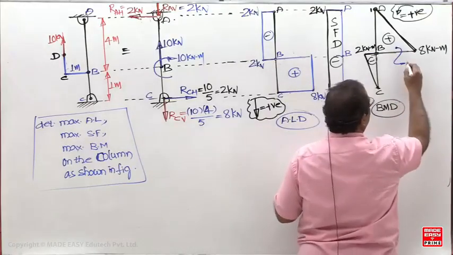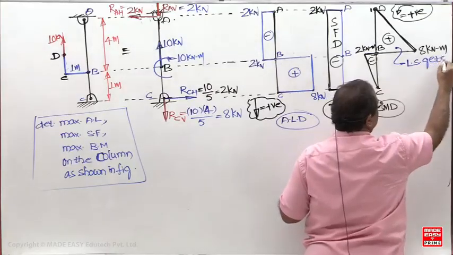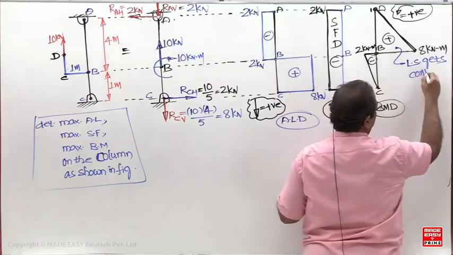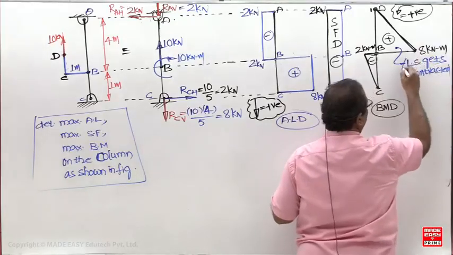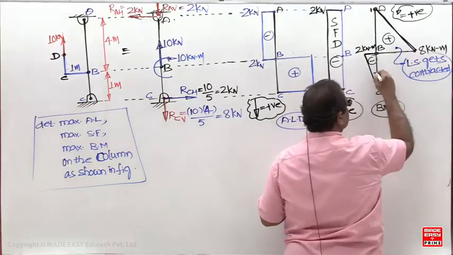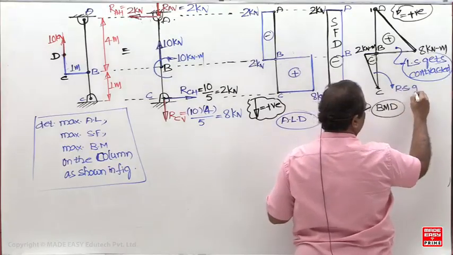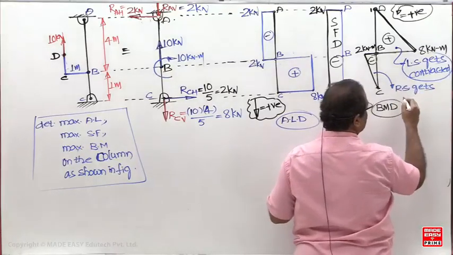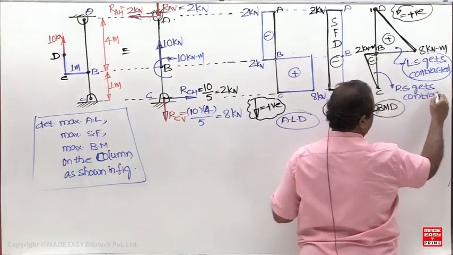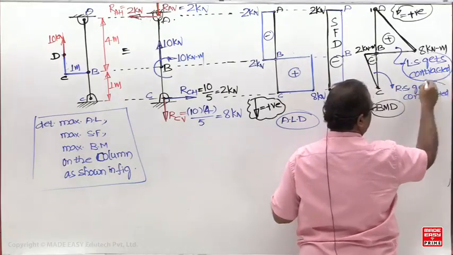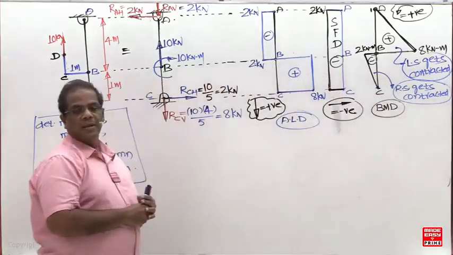What is the meaning of this now? Left side gets contraction. This is right side surface gets contracted.